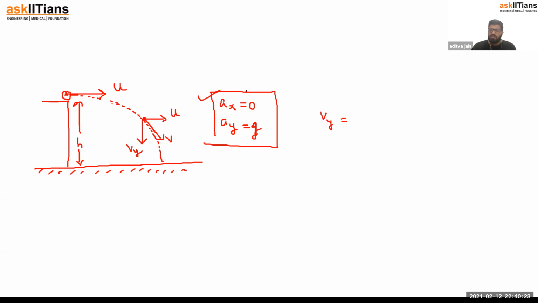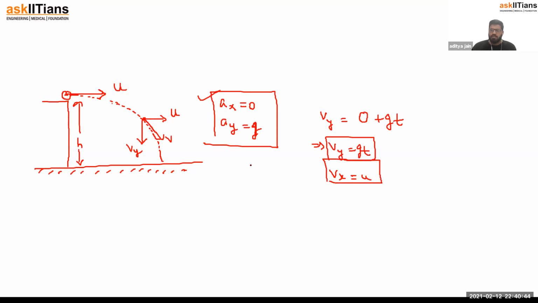What is initial velocity along y direction? It was 0 because initially the ball was having only horizontal component. So final velocity along y direction will be v equals u plus gt. That is giving you vy equals gt, and x component will be u only.